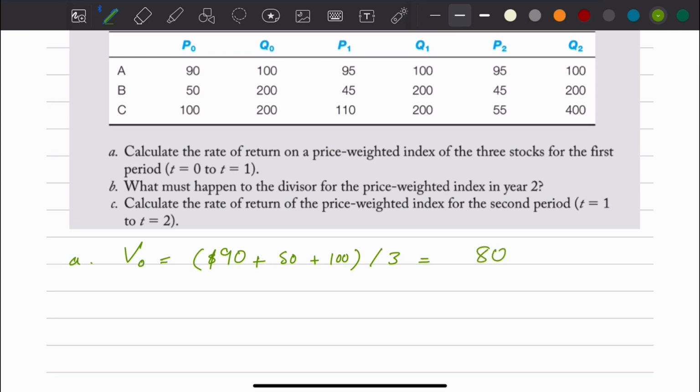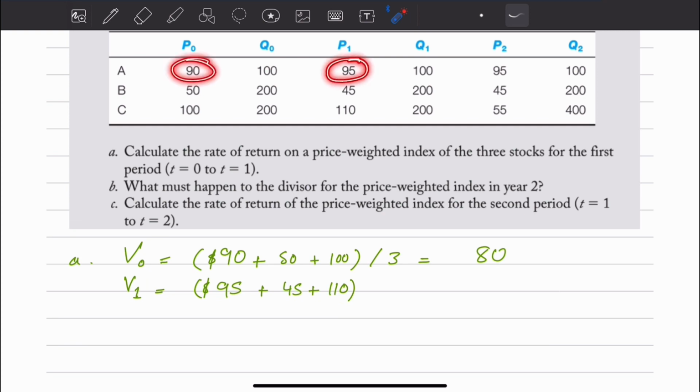Okay, and the value of the index at time 1 is going to equal the total prices of the three stocks divided by 3, so $95 plus 45 plus 110. So we notice that two stocks have increased in price from 90 to 95, and stock C from 100 to 110, whereas one stock, which is stock B, has decreased in price, from 50 per share to $45 per share.